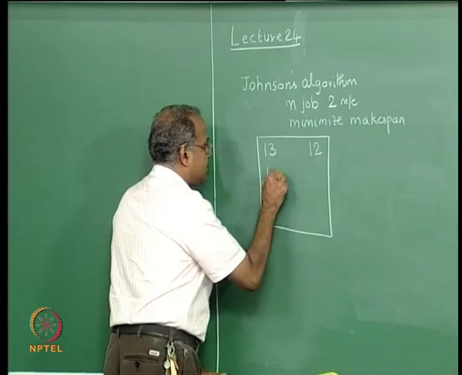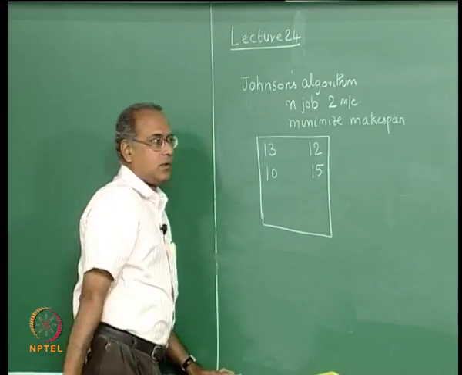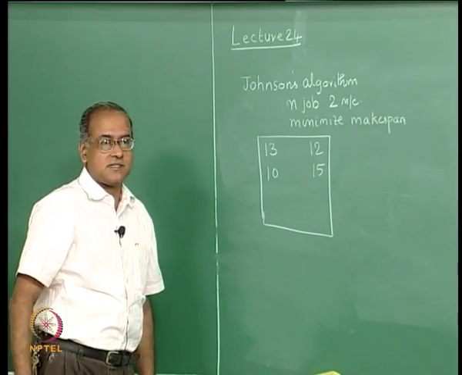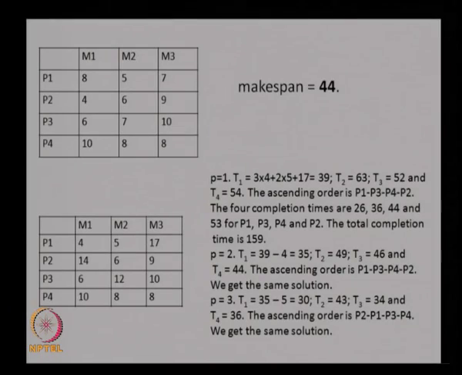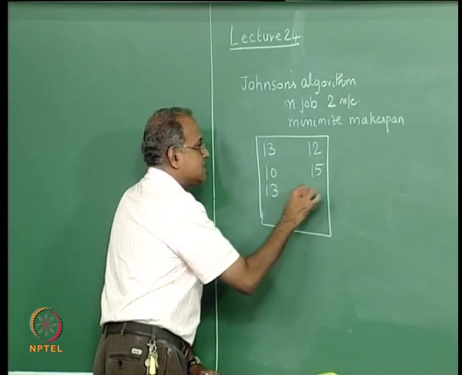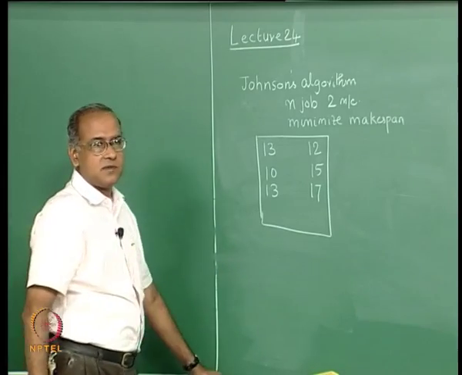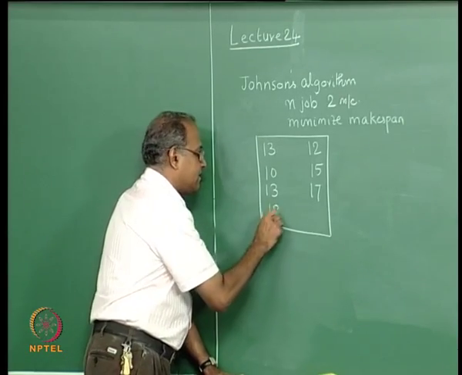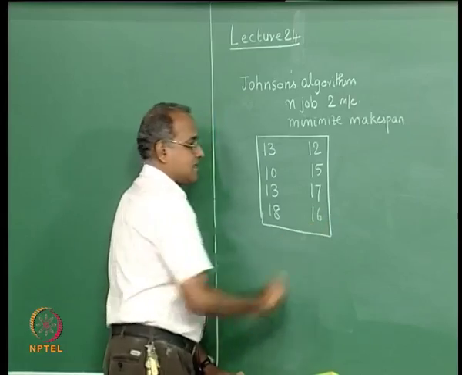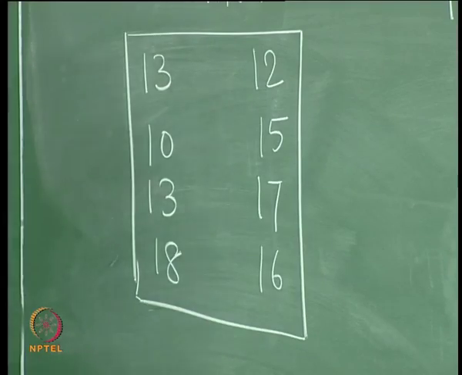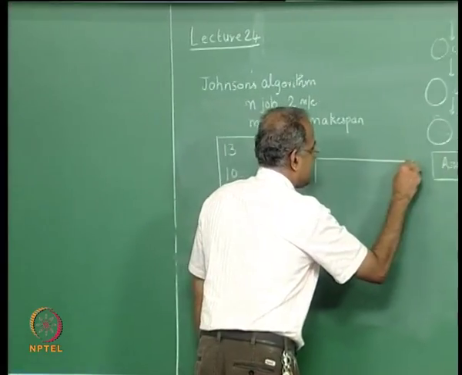Then 4 plus 6 is 10 and 15, 6 plus 7 is 13, 7 plus 10 is 17, 10 plus 8 is 18 and 8 plus 8 is 16. Now we solve another Johnson problem out of this.